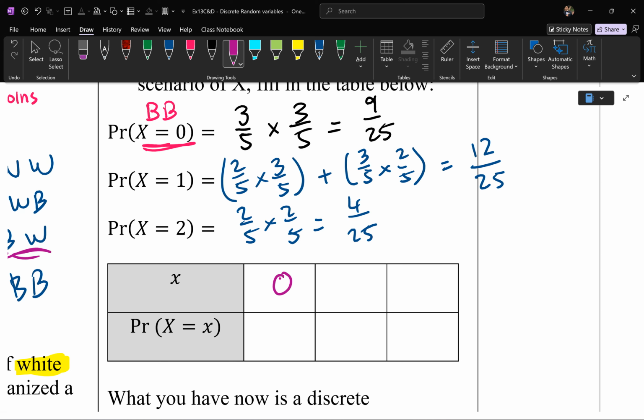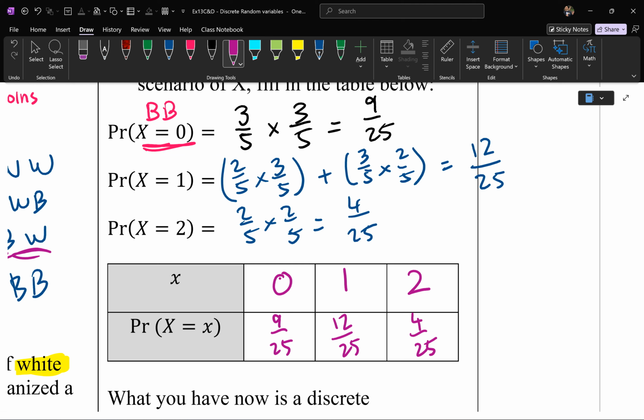You can get 0 white coins, you can get 1 white coin, or you can get a maximum of 2 white coins. Okay, so the number of trials you do determines the number of x values you can observe. All right? We already worked out the probability. It was 9 out of 25 plus 12 out of 25 and then 4 out of 25.